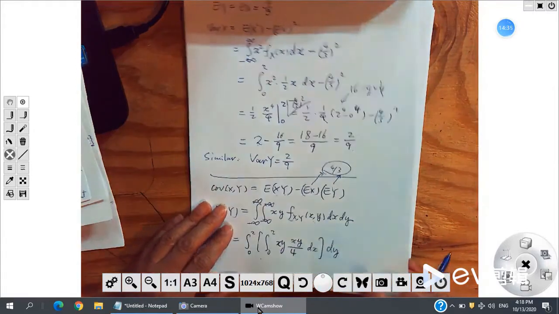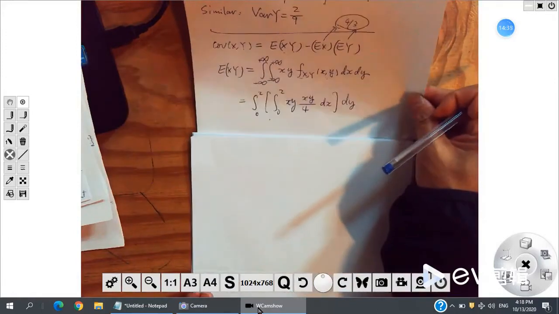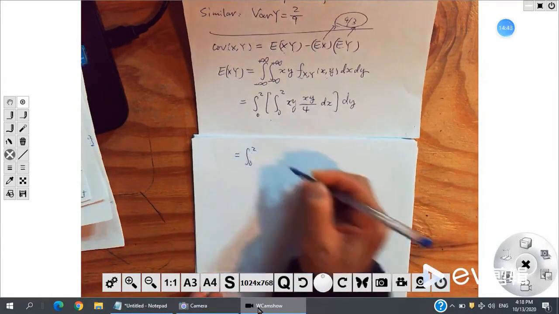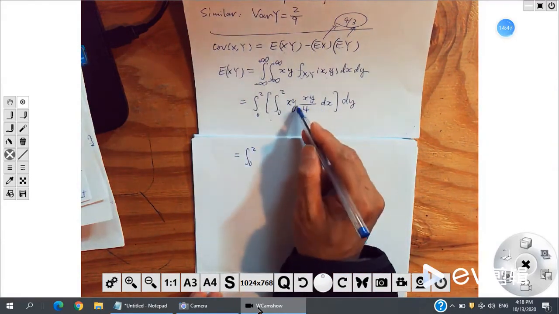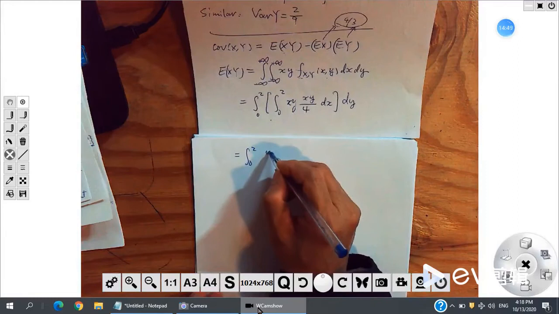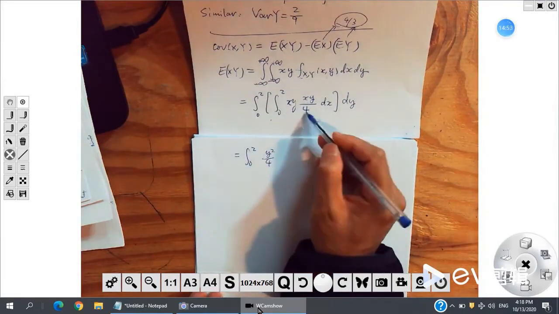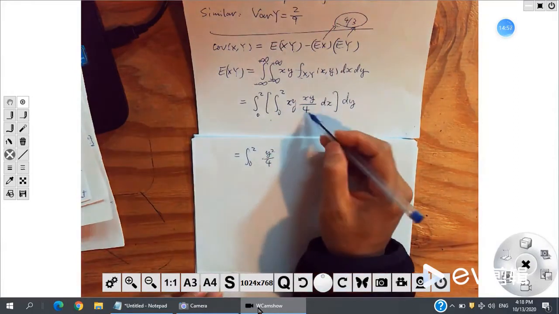Now we do the calculation. This gives us 0 to 2. Here we do the integral. We have y squared over 2. We just move it out, right? y squared over 2. They are independent of x, not related to x.